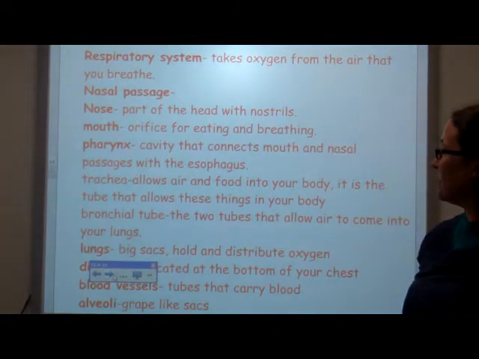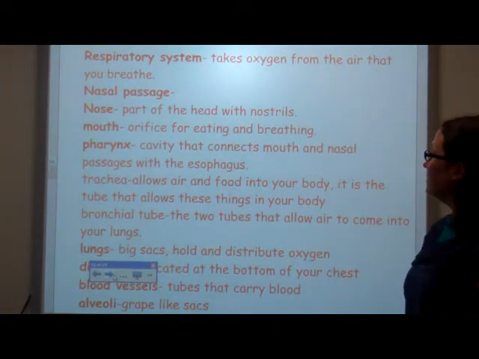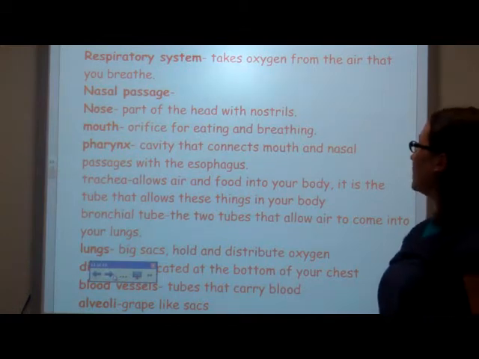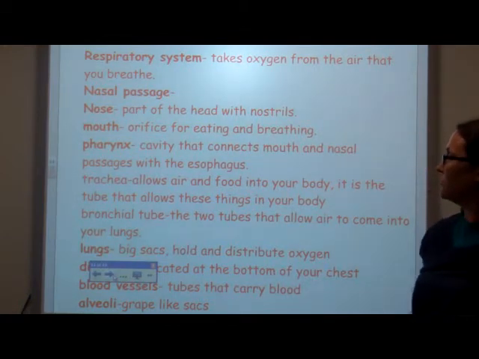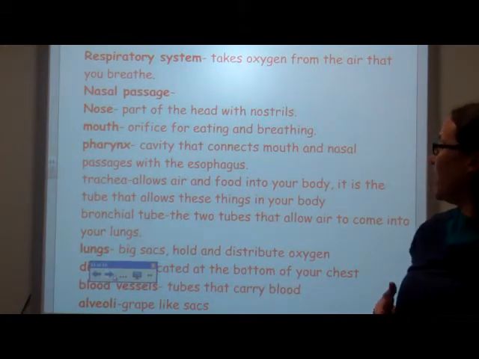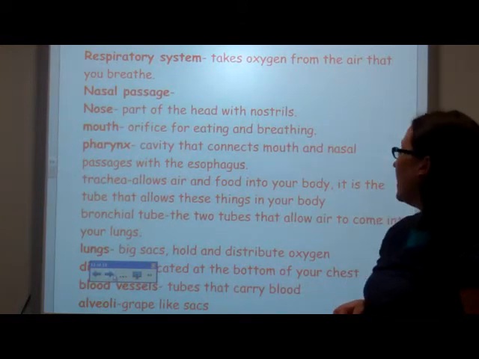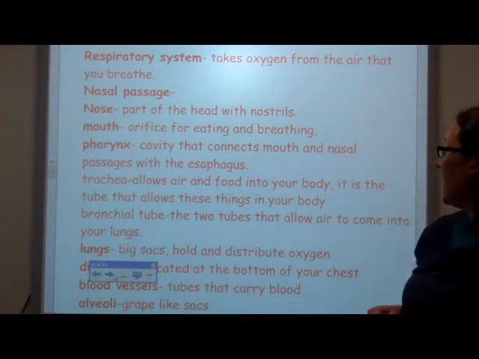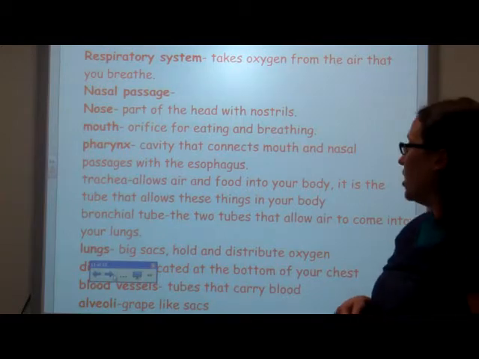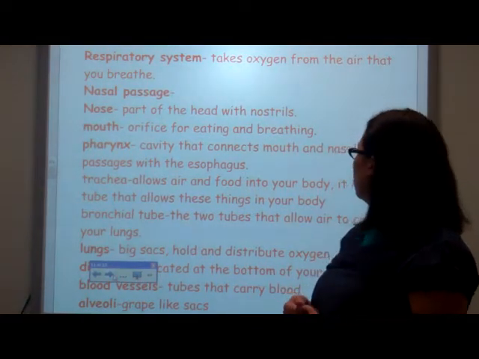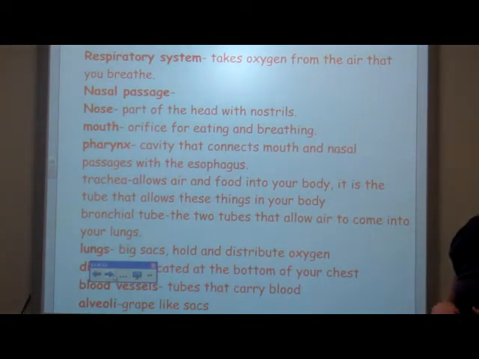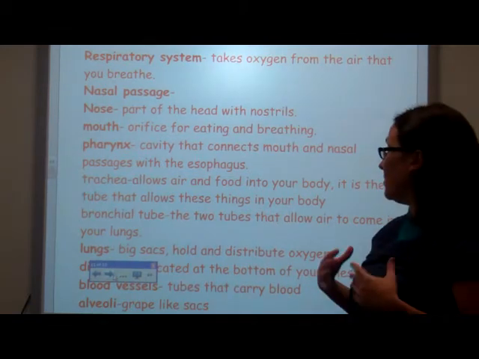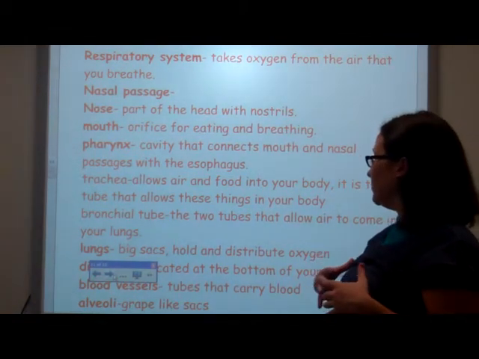Your pharynx is the cavity that connects mouth and nasal passages with the esophagus. Trachea is the tube that allows air and food into your body. Bronchial tubes are the two tubes that allow air to come in and out of your lungs. You have lungs, which are big sacs that hold and distribute the oxygen.